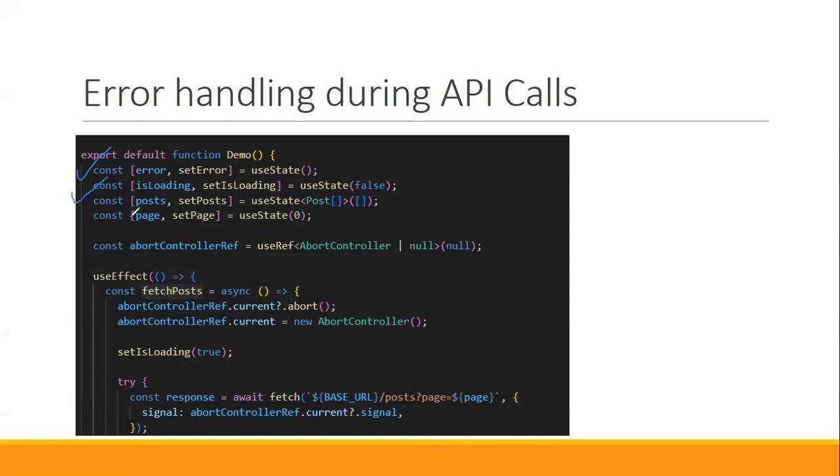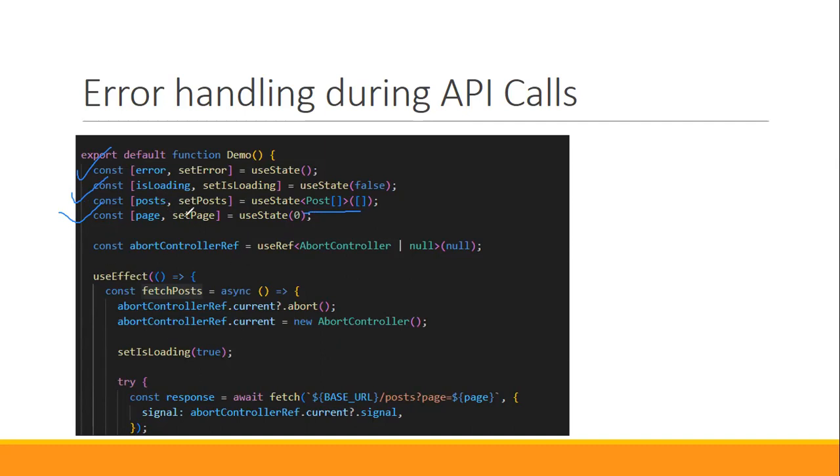For that, I have created one more state variable, which is isLoading and setIsLoading. Then the actual data to store is an array of objects of type Post. This is a little bit of TypeScript code where we are mentioning the types of our variables.